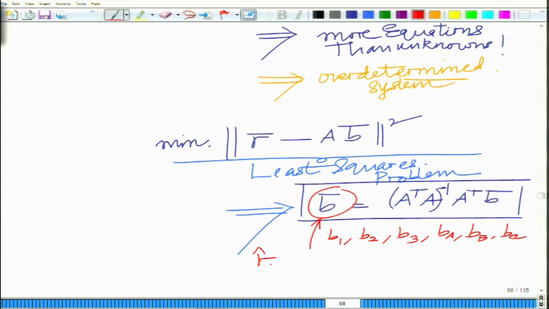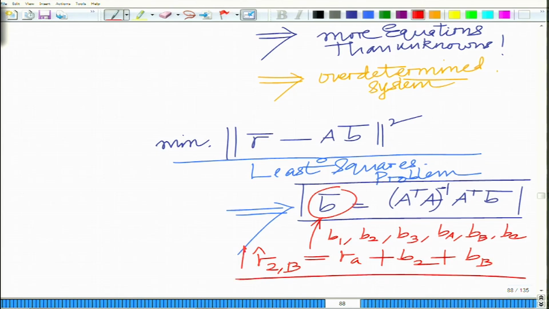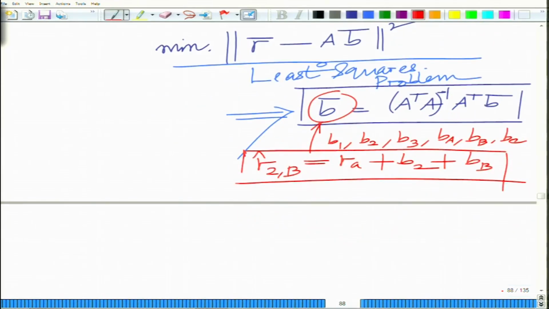The predictor of the rating of user 2 for movie B will then be the average plus B2 plus BB. This is a slightly more refined, better predictor.